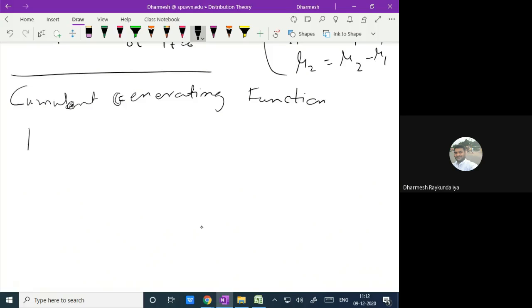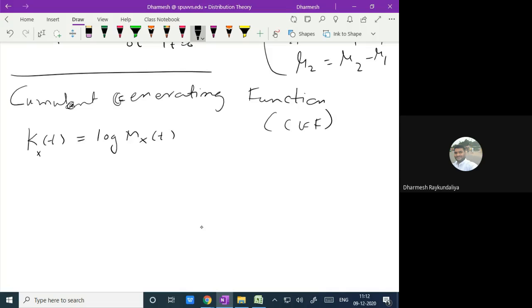Cumulant generating function is also known as the CGF. And it is denoted by the K of t. So what is the K of t? K of t is nothing but the log of MGF.